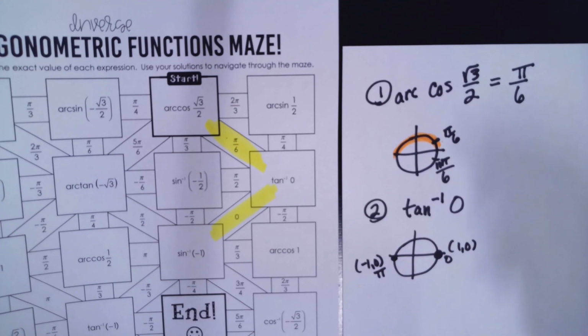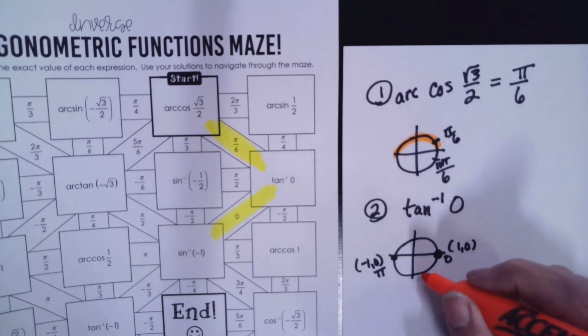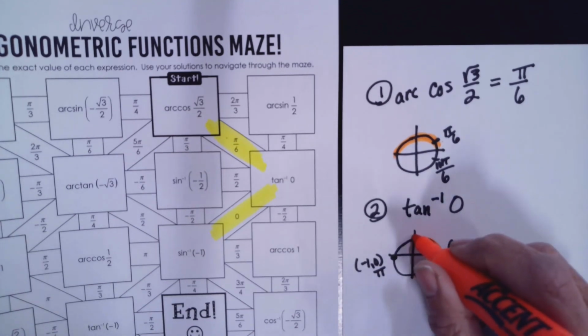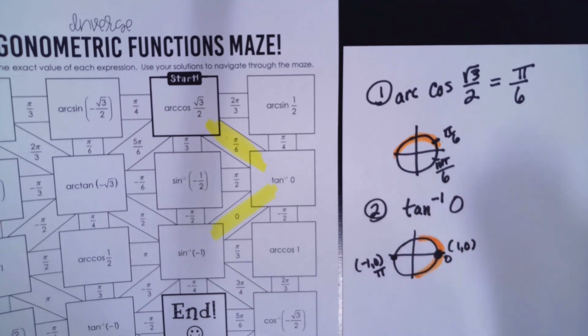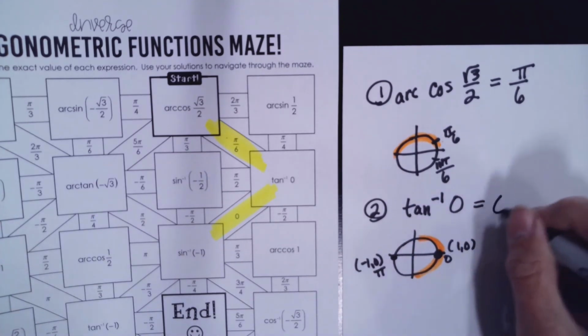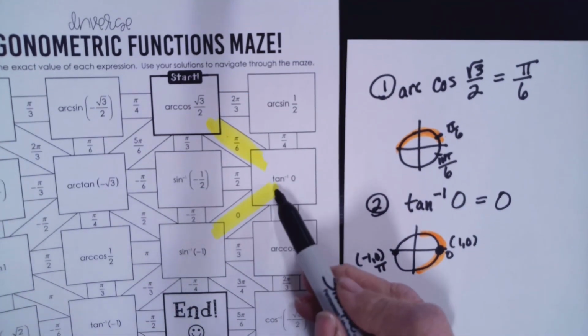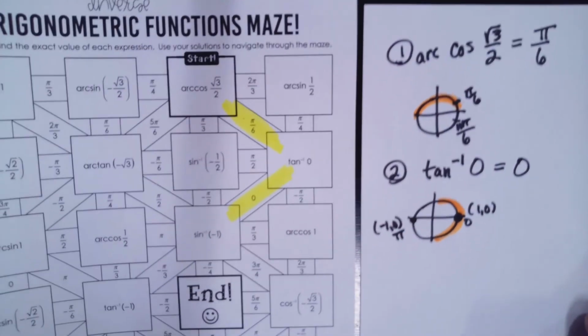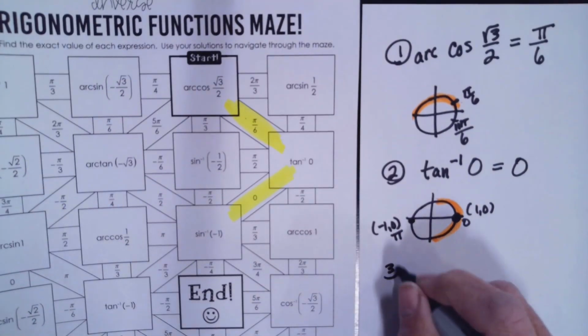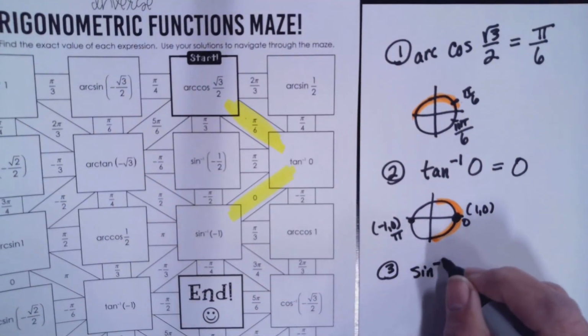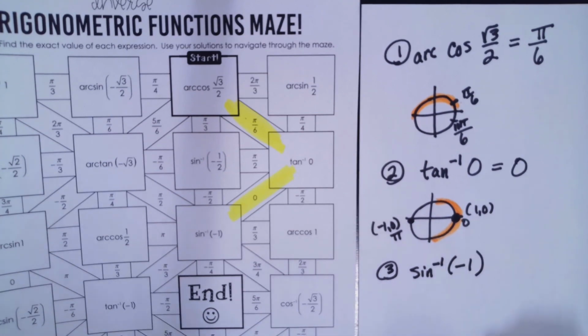But once again, my one answer has to be from negative pi over 2 to pi over 2. So our answer is going to have to be 0. And then you're going to go this way. So then your third problem is going to be the inverse sine of negative 1.